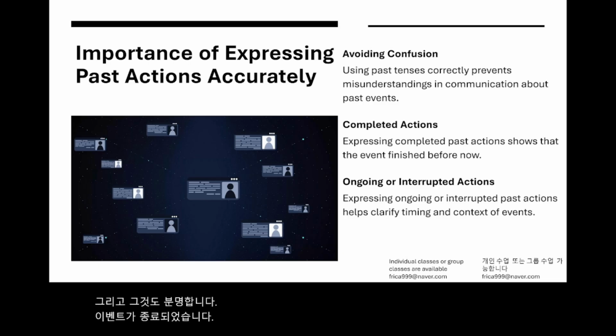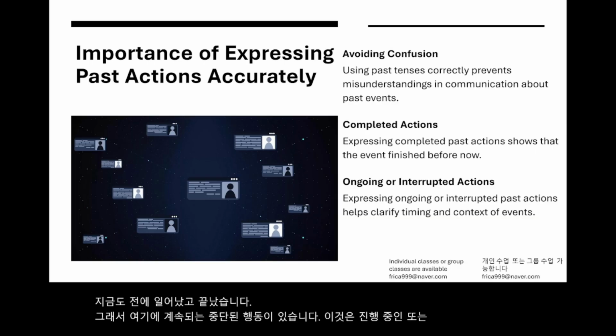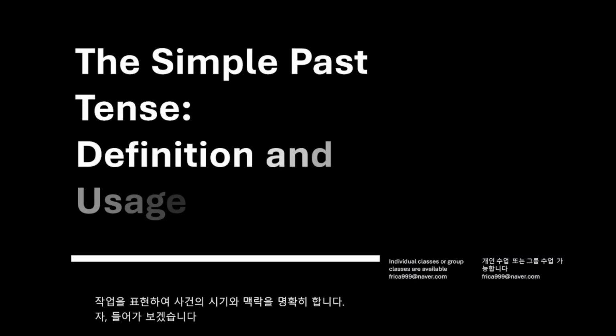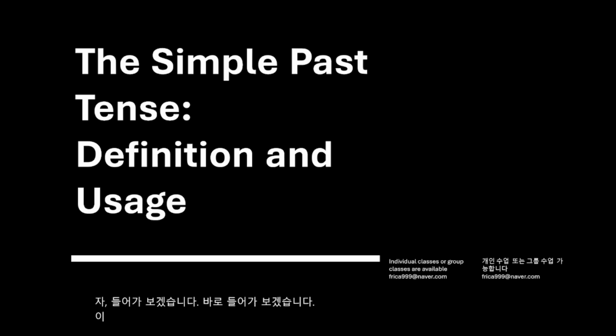It happened before now and it's done. And here we have the ongoing or interrupted actions. This is expressing ongoing or interrupted actions in the past, clarifying the timing and context of the event. Let's just get right into it. The simple past. Here we go.